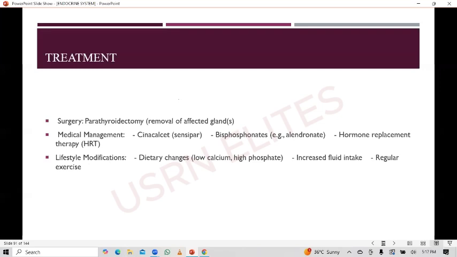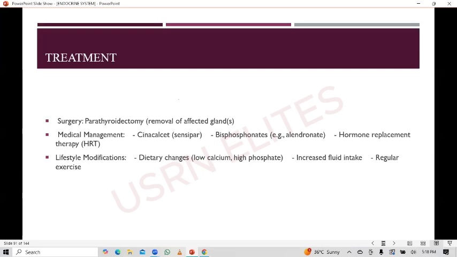Madam Genevieve. Yeah, I just wanted to ask about the surgery. If one of the affected glands is removed, does it affect the effectiveness of the other three glands? Not necessarily. One of them can be removed, but the production of the hormone will be affected because there are four, and all these four help to produce enough parathyroid hormone for the body.